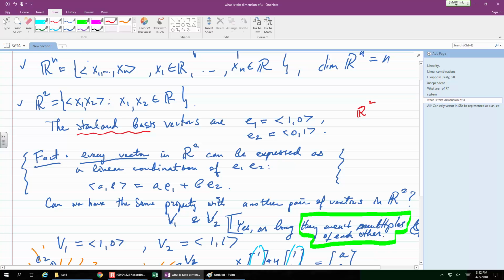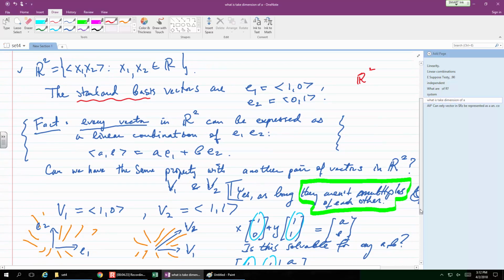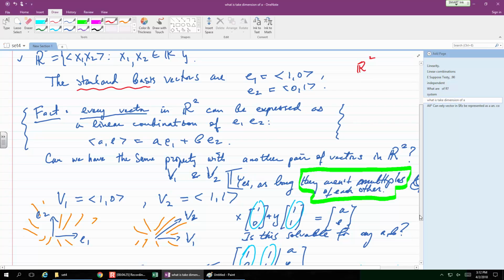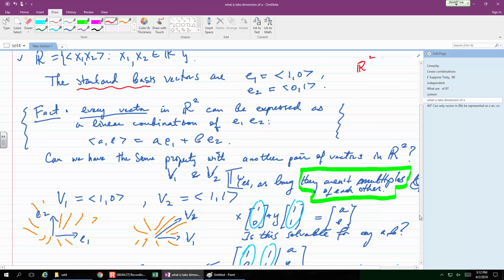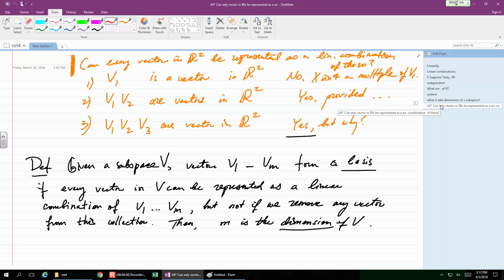And that's why we end up with the concept of basis. This is the concept of basis: vectors that do what? Every vector in this subspace can be represented as a linear combination of these, but you cannot remove any vector.